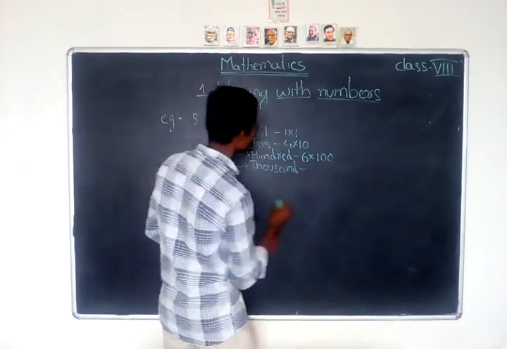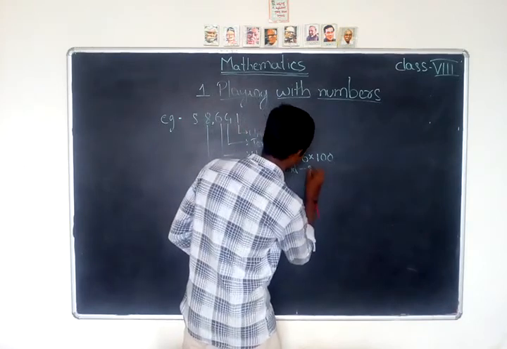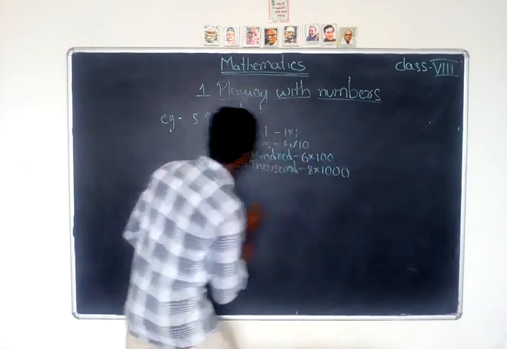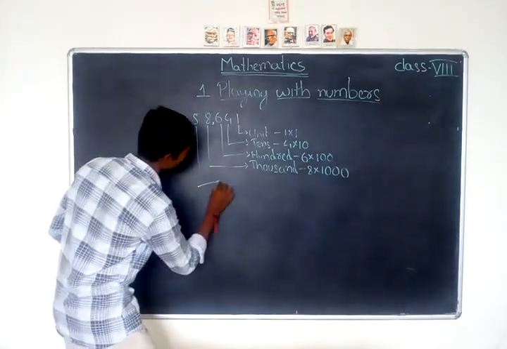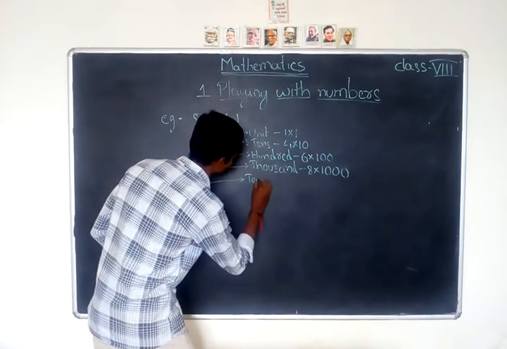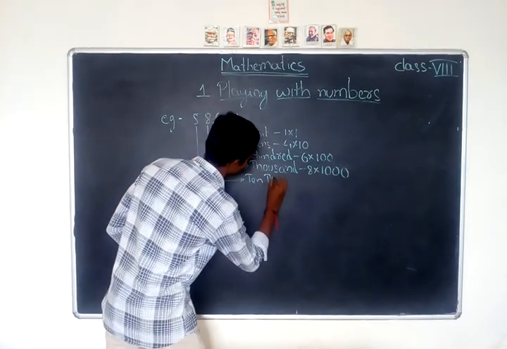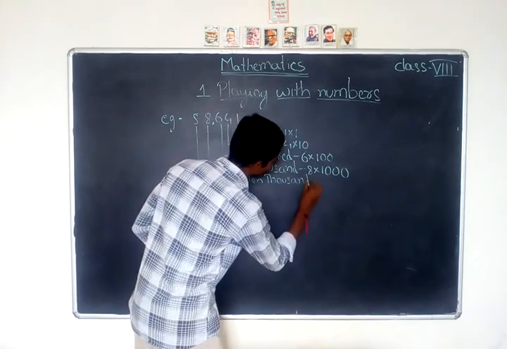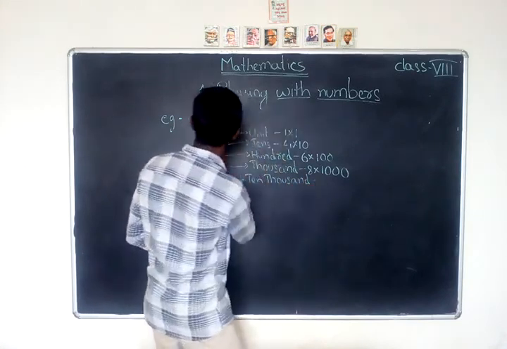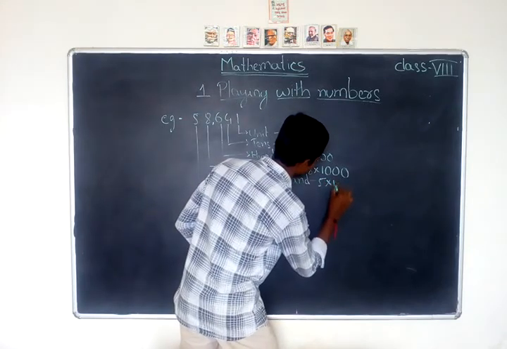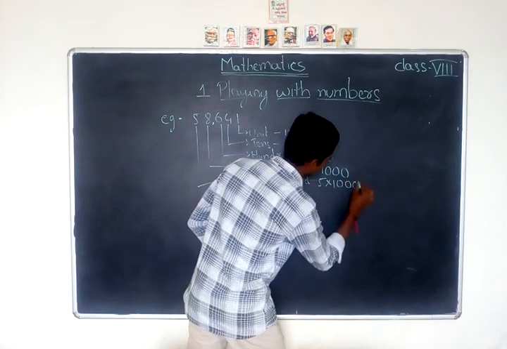So it can be written as 8 into 1000, and 5 has got the place value of 10,000. So we can write 5 as 5 into 10,000.